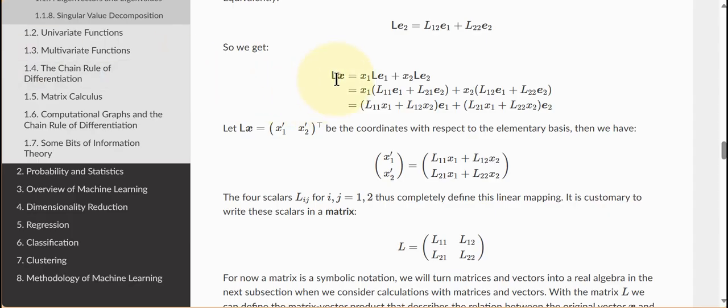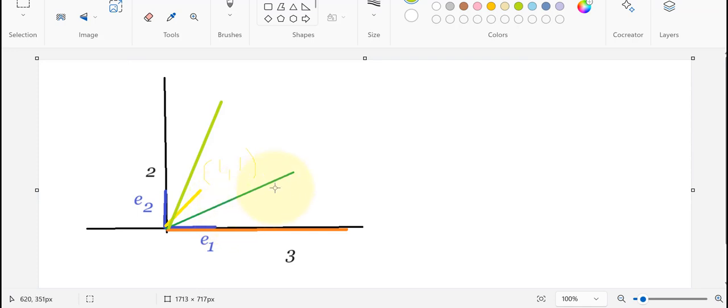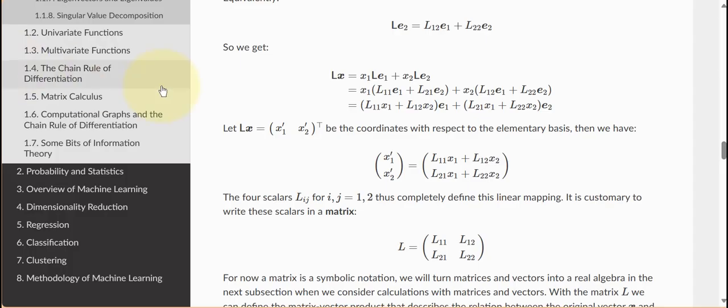So L of x is going to be the new light green vector, and it's going to have some coordinates. And let's call those coordinates x1 prime and x2 prime. So we might have called the coordinates of the darker green line x1, x2, but we're going to call the new coordinates something else. So we're going to call them x1 prime and x2 prime for this one. But these are the coordinates up here.